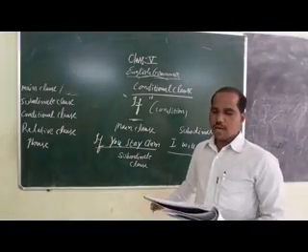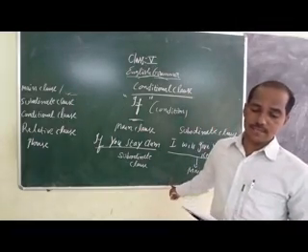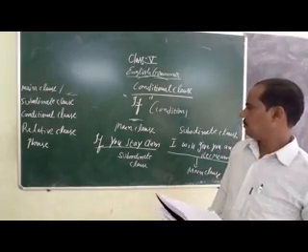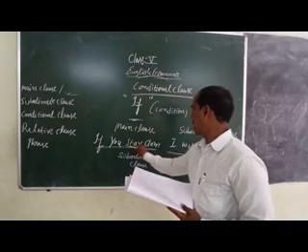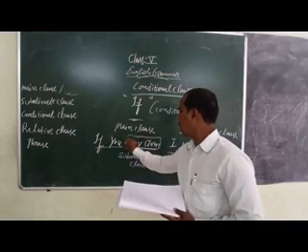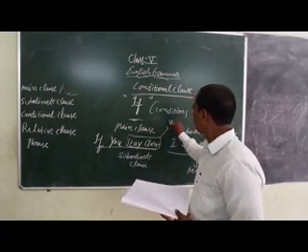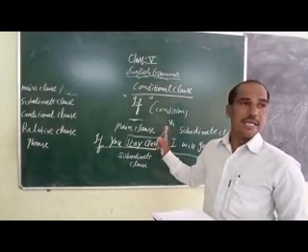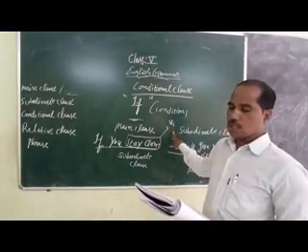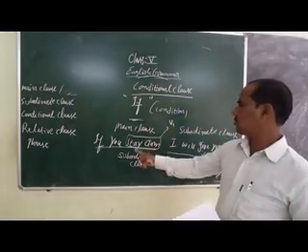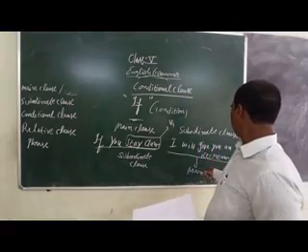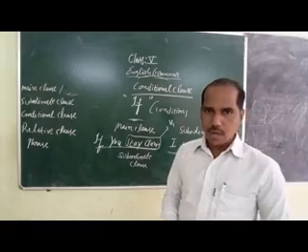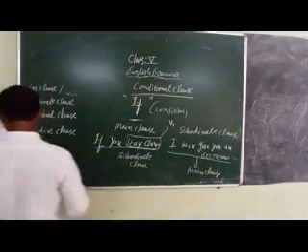Here, if the verb in the given sentence is V1, use open condition. Verb: stay calm. It is the V1. Verb 1. Understood? If the verb in the given sentence is in verb 1, you can use open condition. If you stay calm, I will give you an ice cream. I shall write the formula.